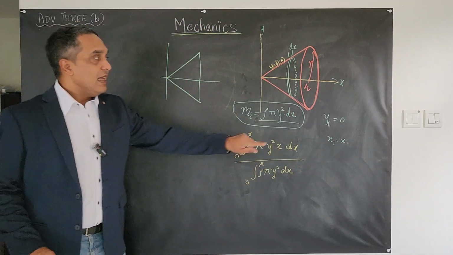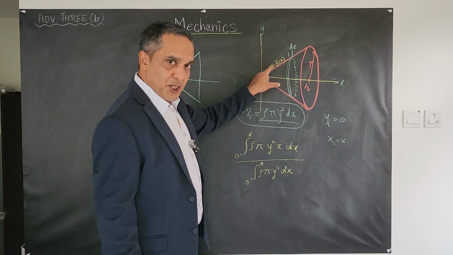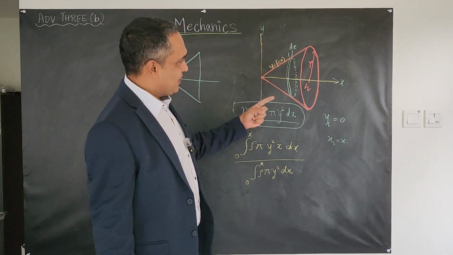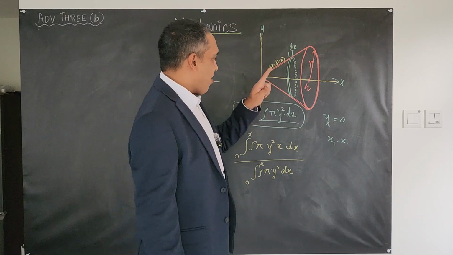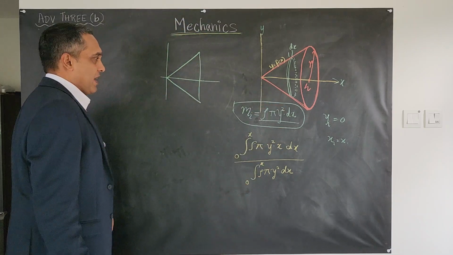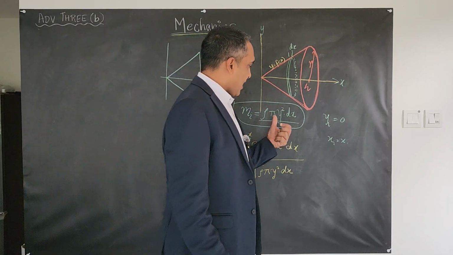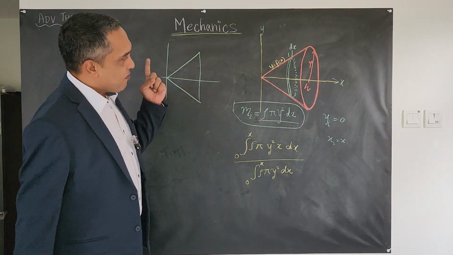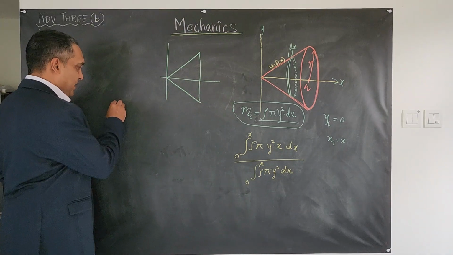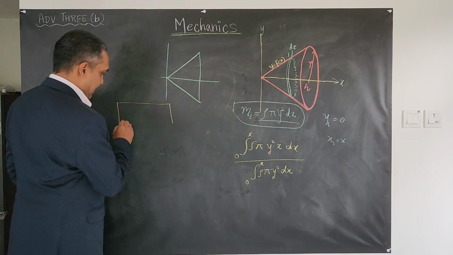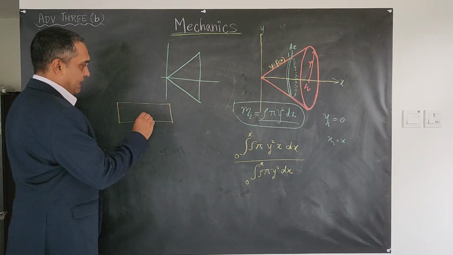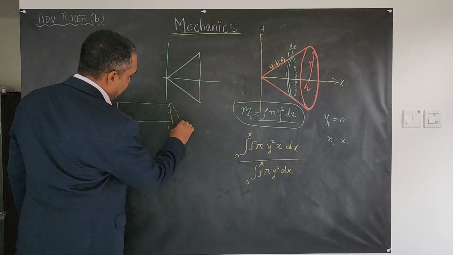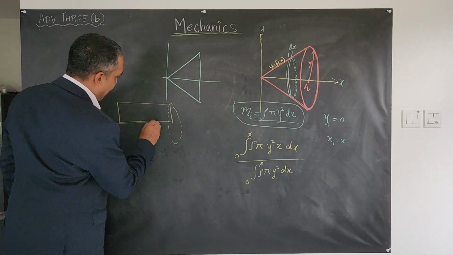This is applicable as long as I've taken a two-dimensional object and flipped it 360 degrees to get a pi r squared for my radius. This works just fine. I can do that with the cone. I can do that with a cylinder, because for a cylinder all I'd be doing is taking one rectangle and having it spin 360 degrees about that axis.